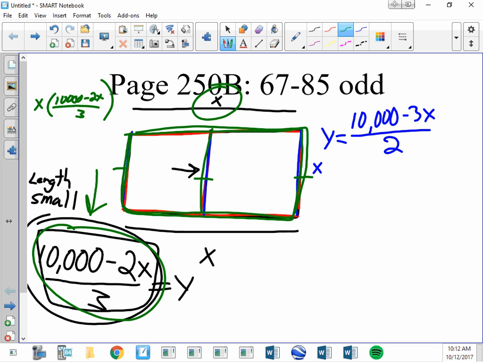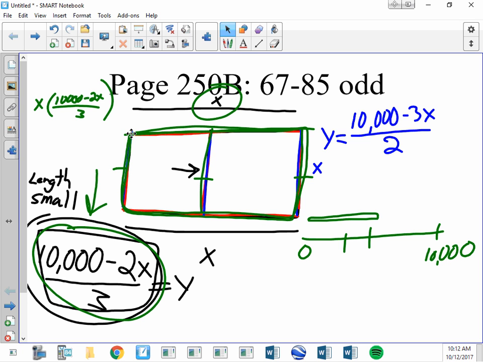And x is just the length of the top. So I don't need to go from 0 to 10,000 because that would be a fence that's just a straight line. So 5,000 is probably still too big because that would be two straight lines, right? It would look like this. So I'm guessing 2 or 3,000. And we might have to fix it once I plug it in.